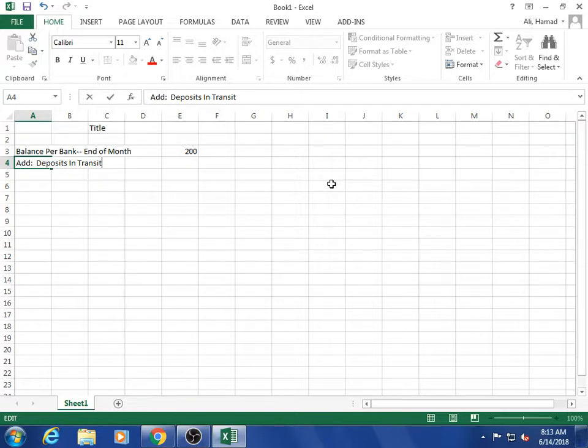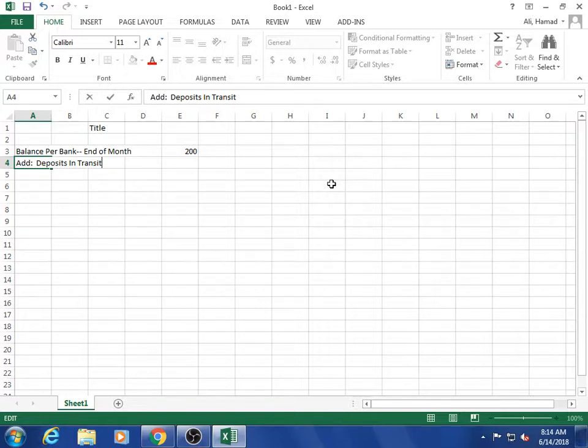You write them in your cash receipts journal, put them in a bag and send them to the bank for deposit. When the time for bank reconciliation comes, you look at those checks you collected from your customers. Are they showing there? If they are showing, that's fine. But if they are not showing, that means they are deposits in transit.